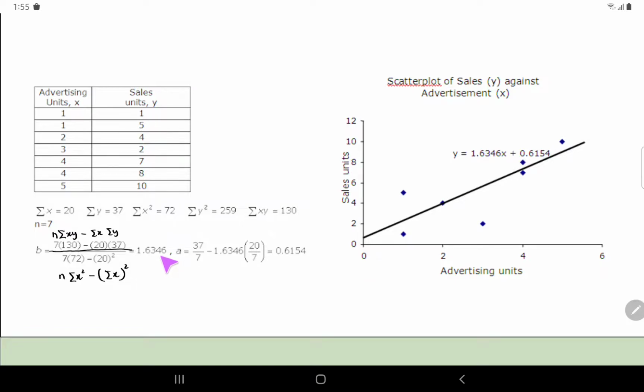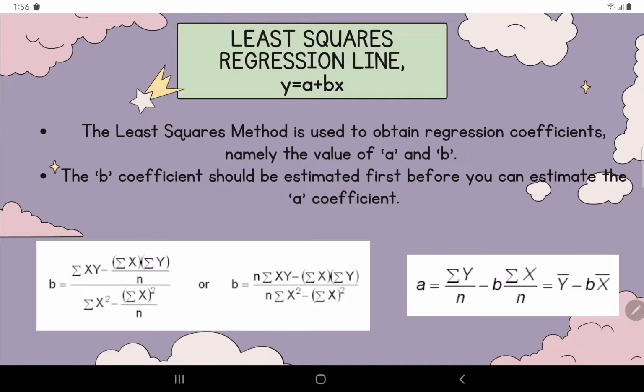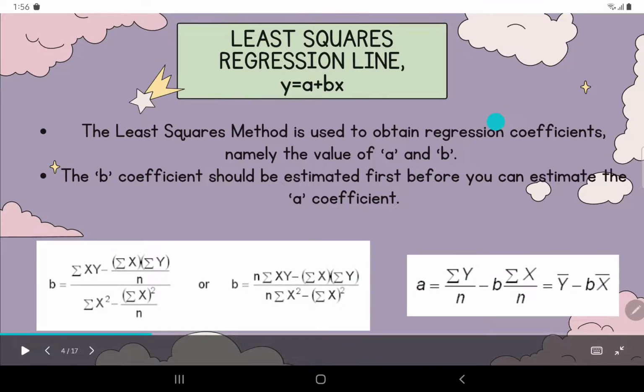1.6346, and if we have found the value of b, we can proceed to find the value of a using this formula as before. The formula for finding a is total of y divided by n, minus the value of b.